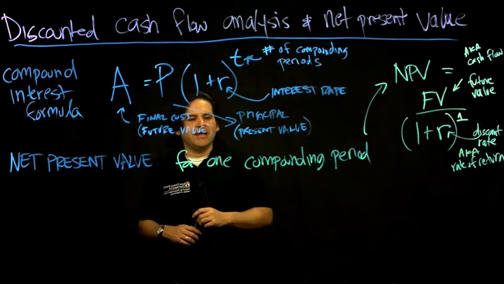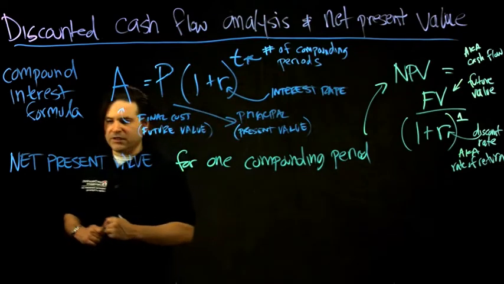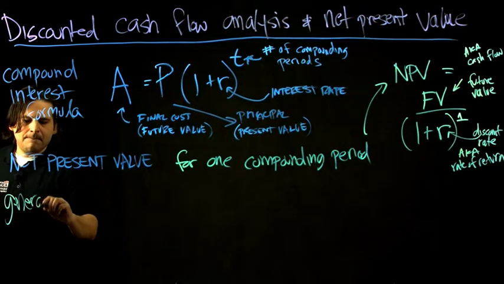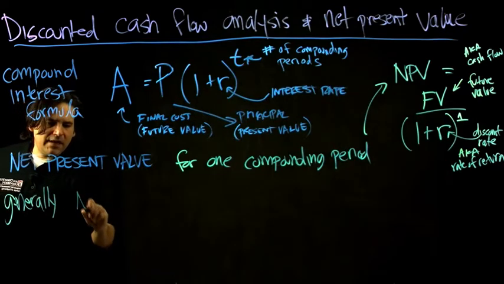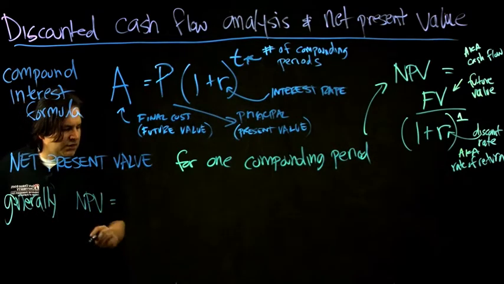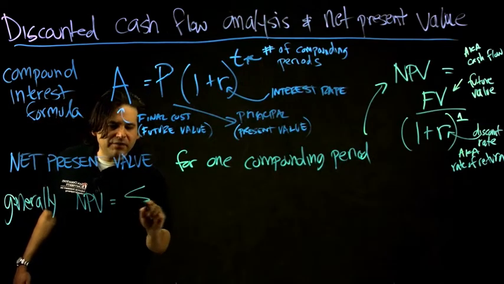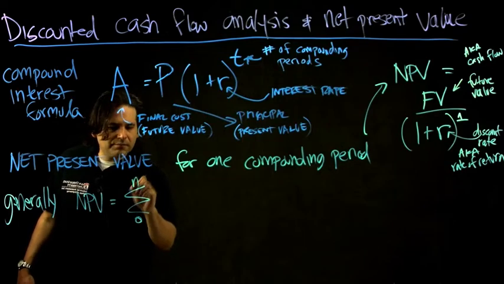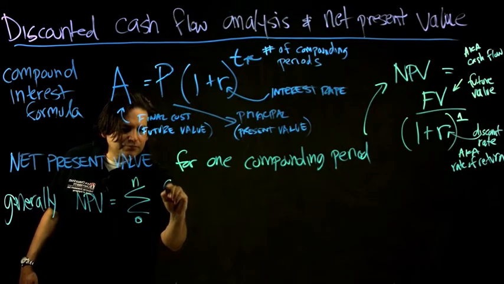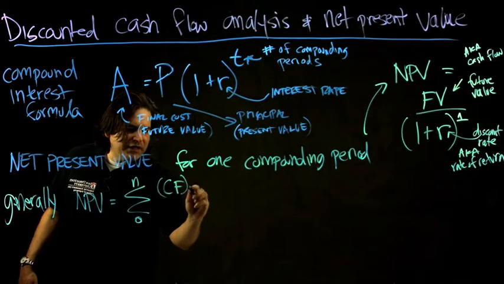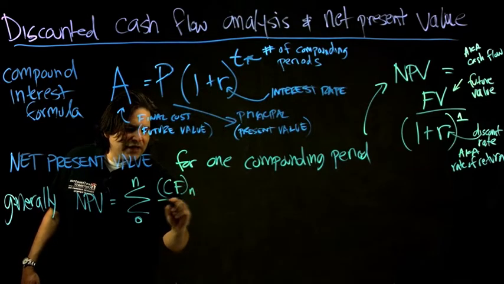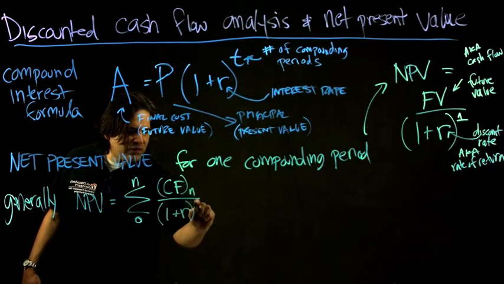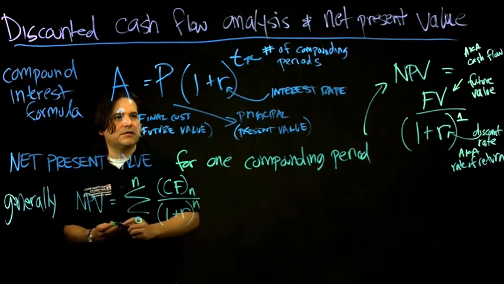Okay, so that's one compounding period, but in general, the net present value equals a sum of all the compounding periods. From 0, meaning when you first put up an initial payment, an initial investment, then each compounding period you have a certain cash flow, then you discount it by this discount rate raised to the exponent.